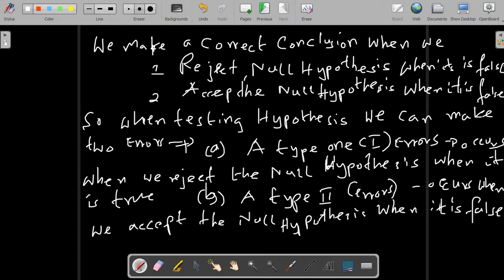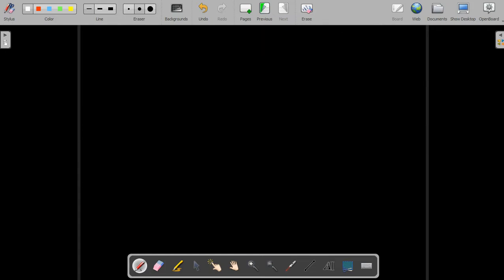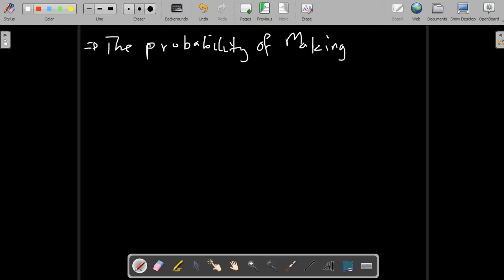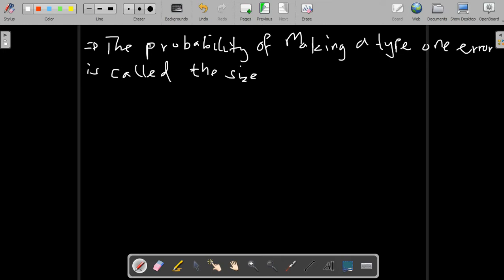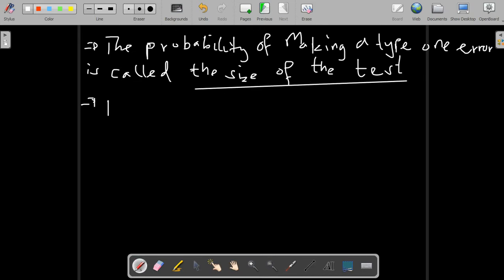The probability of making a type 1 error is called the size of the test. The power of the test is the probability of rejecting the null hypothesis when it is false.